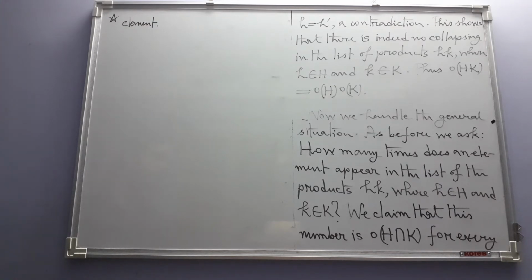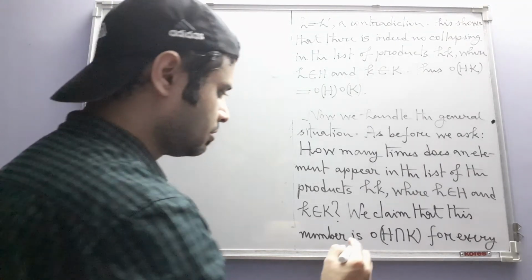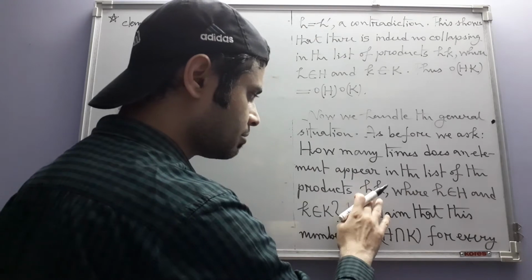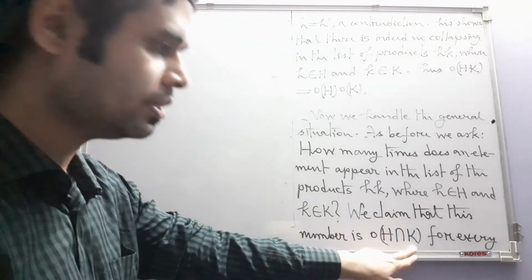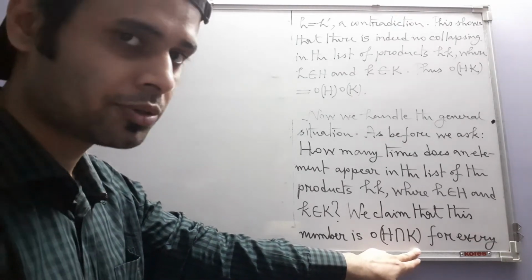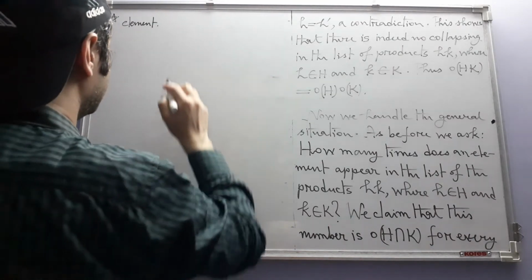Okay. First, let us show that any element in this list gets repeated at least this many times, and then we will show that it gets repeated at most that many times. So exactly that many times it will get repeated.